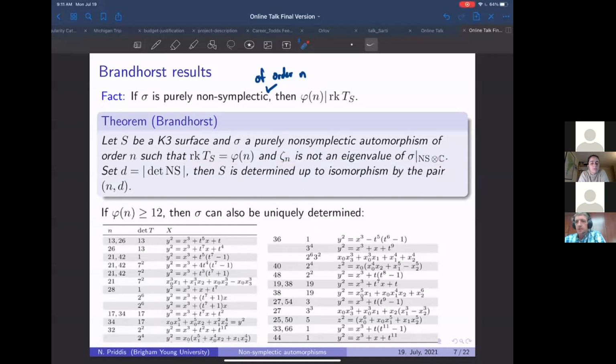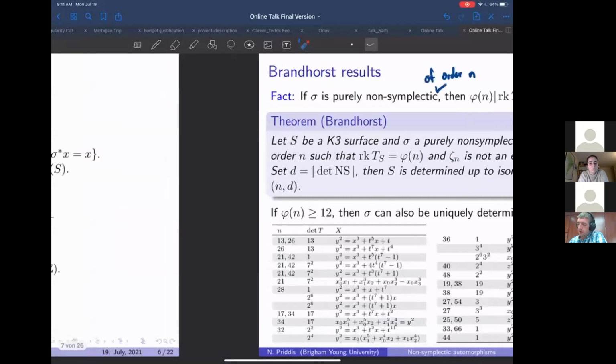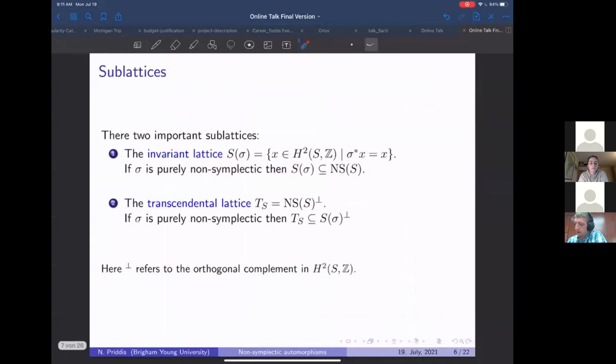What this means is, if I tensor H2 with C, the invariant lattice is related to the eigenspace of sigma star with eigenvalue 1. And the transcendental lattice is always related to the eigenspace of the primitive nth roots of unity.